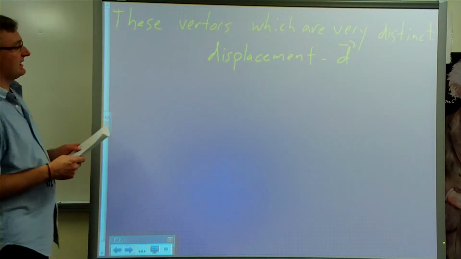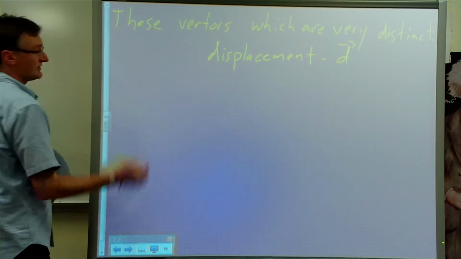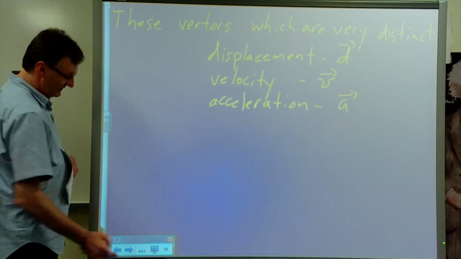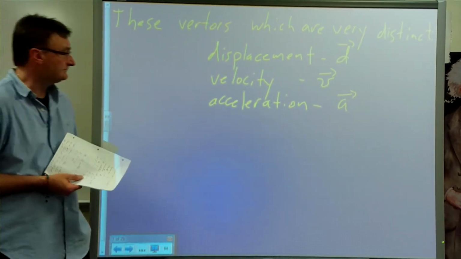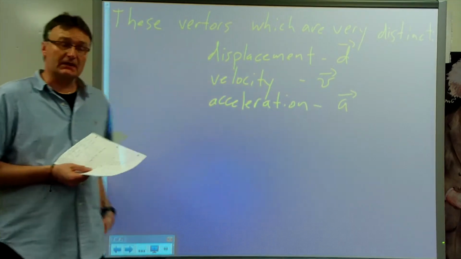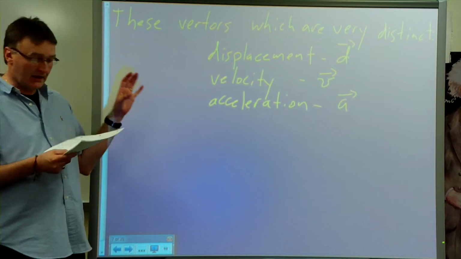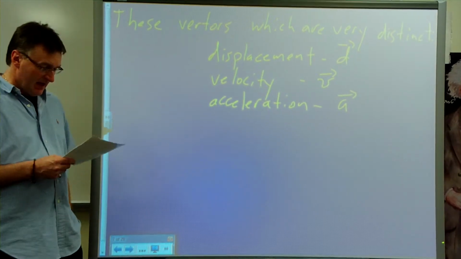Displacement is very distinct from velocity, which is very distinct from acceleration, although they all relate in some way. However, you need to understand that they are all different entities.